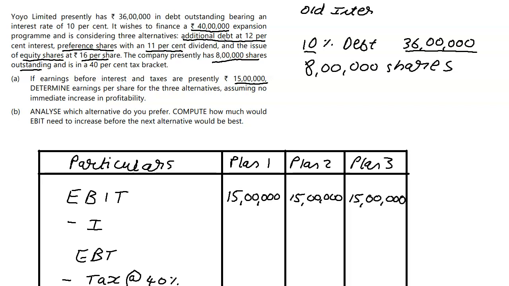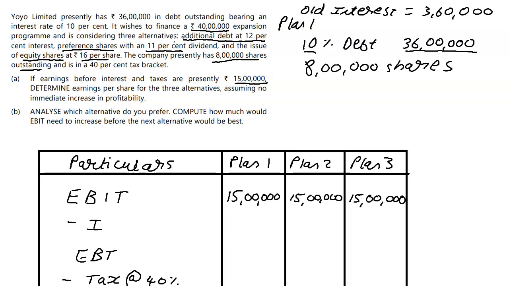And they've spoken about additional debt at 12%, which is a slightly different rate. Anyway, old interest is 10% of 36 lakhs, which gives us 3,60,000. New interest, only plan 2? No, it is plan 1.